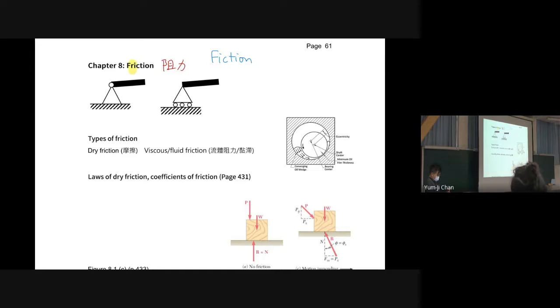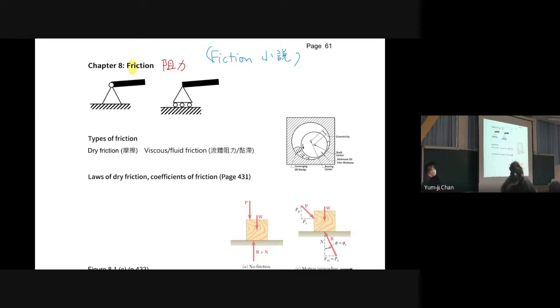So this one is, if you go to the other side of the university, they read a lot. Okay, so this is friction with an R here. Without an R, it is this one.